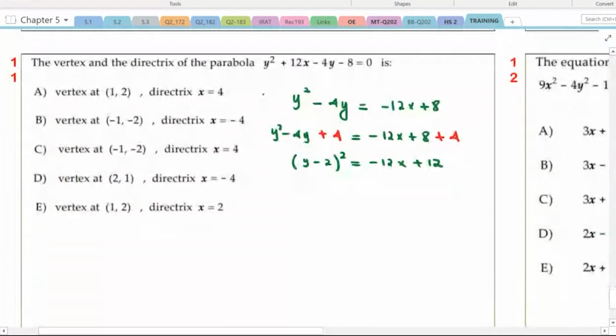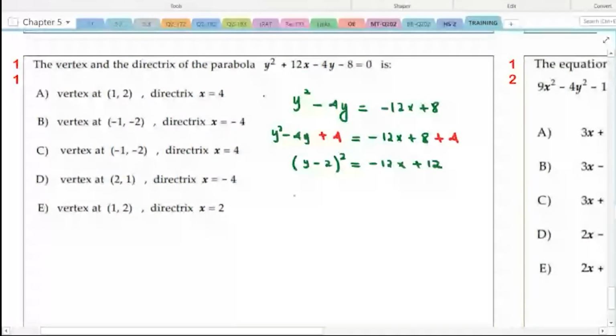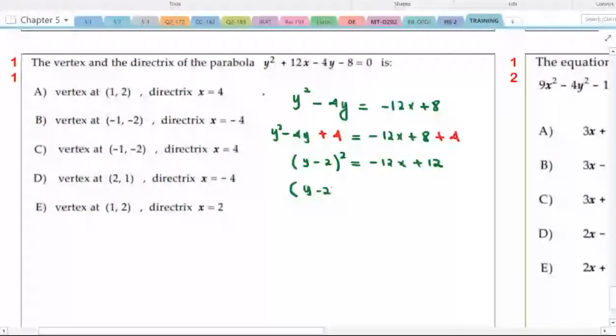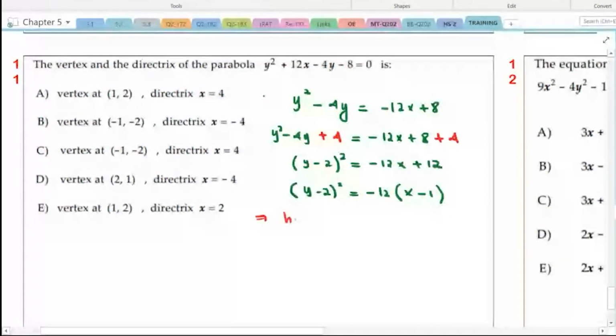So we are going to take a common factor. Here we have y minus 2 all squared, and that will be equal to minus 12, take minus 12 as a common factor, and then we have x minus 1.